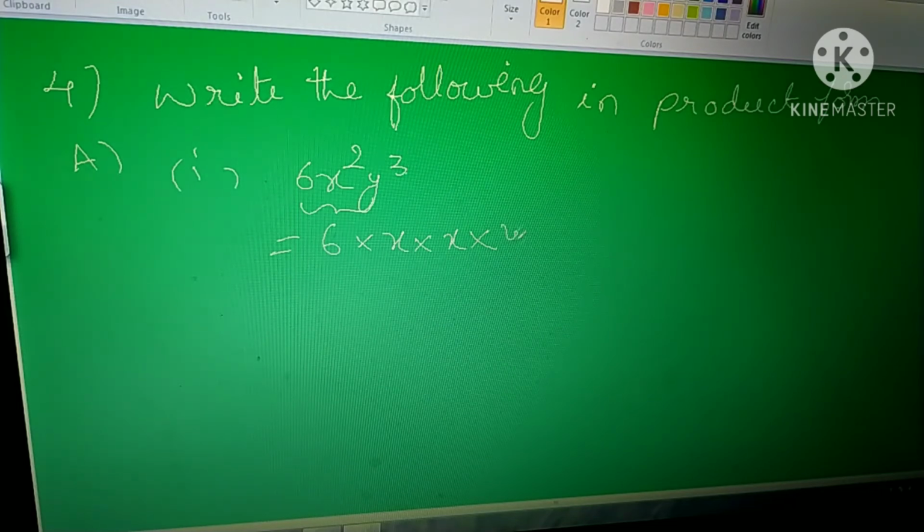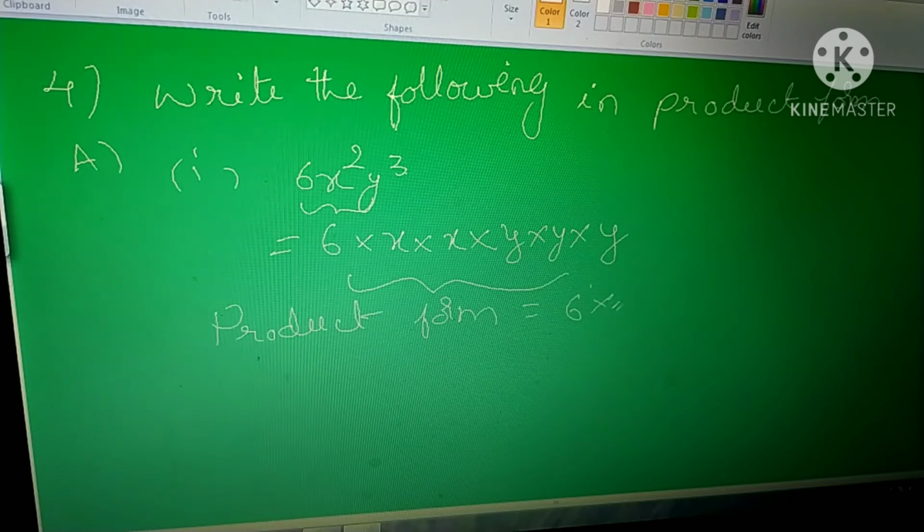So write down y into y into y, 3 times. This is the product form. So product form for the given expression will be 6 into x into x into y into y into y. Understood? So in this way you have to expand the given expression.